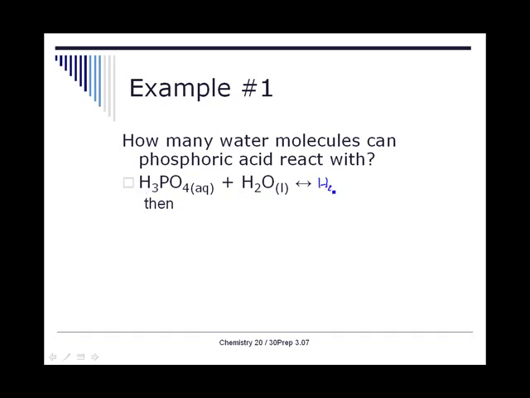So it becomes H2PO4 negative, because when it loses that hydrogen, it loses a positive charge. It's a hydrogen ion. From that, we're going to get a hydronium ion. But notice that our product still has more hydrogen, so we can react it again. So our product becomes the next reactant in another reaction.